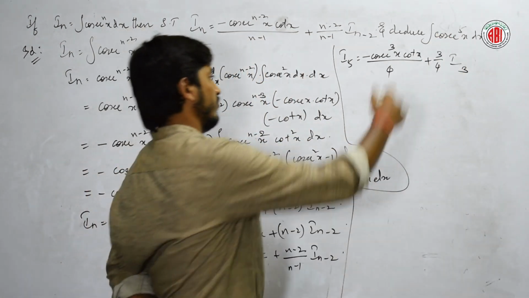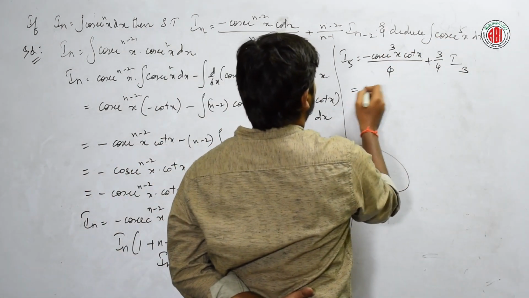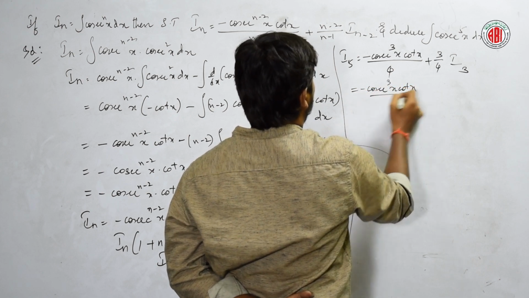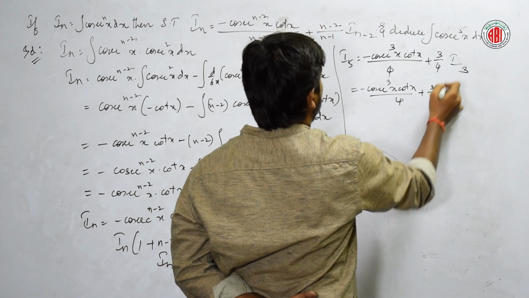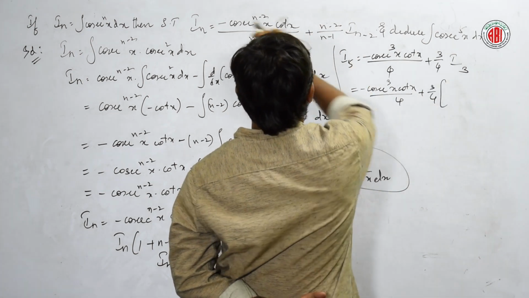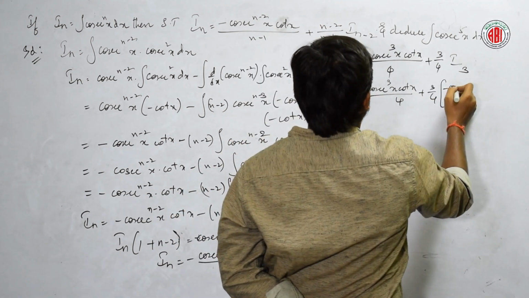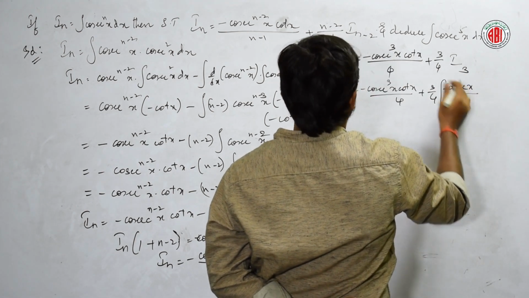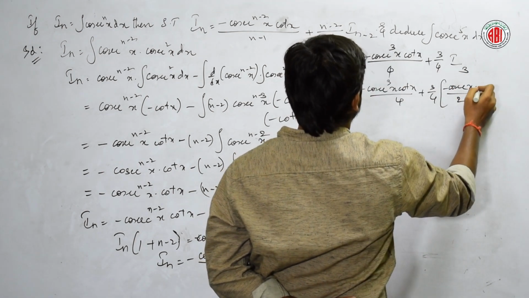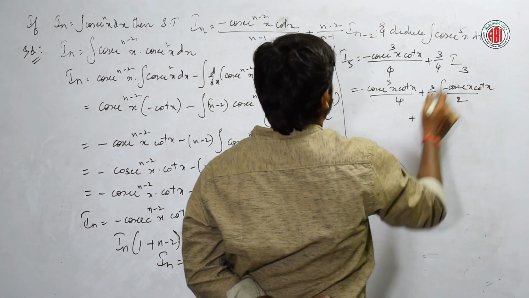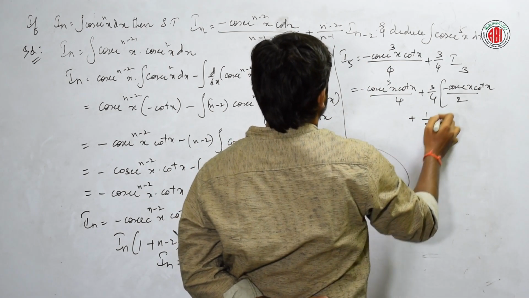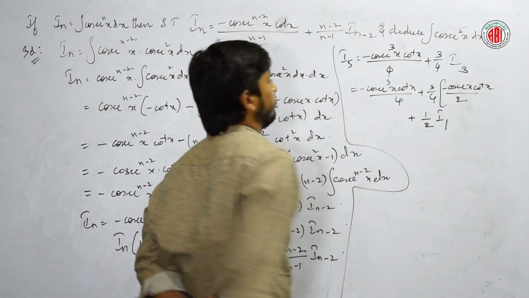Right? Or else let us continue the same. Minus cosecant cube x cot x by 4 plus 3 by 4 into what is I3? Minus cosecant 3 minus 2 is 1, x cot x by 3 minus 1 is 2, plus 3 minus 2 is 1 by 3 minus 1 is 2, I1.